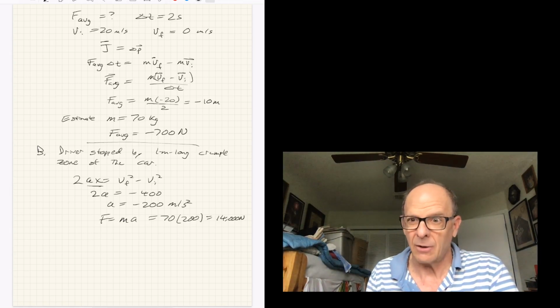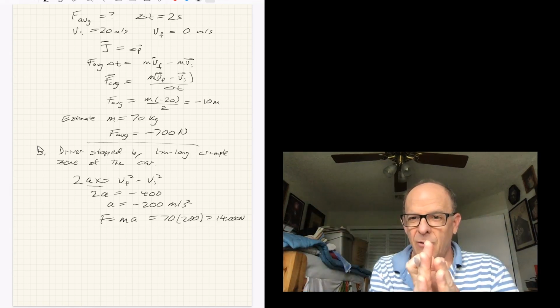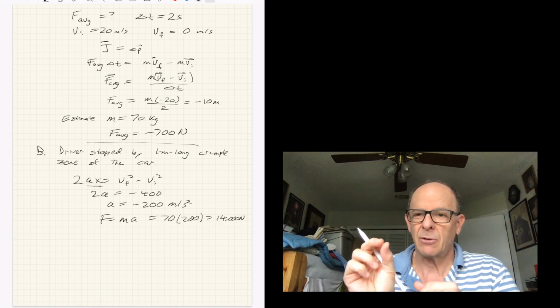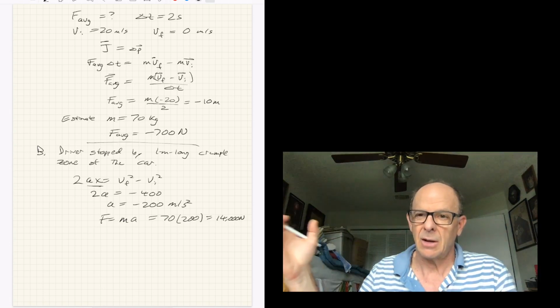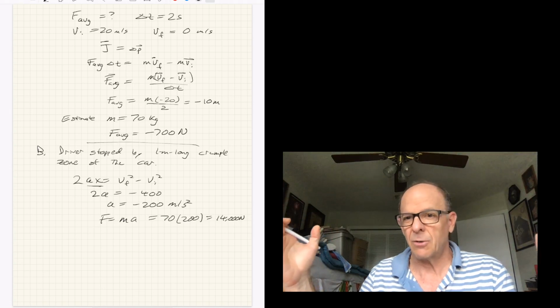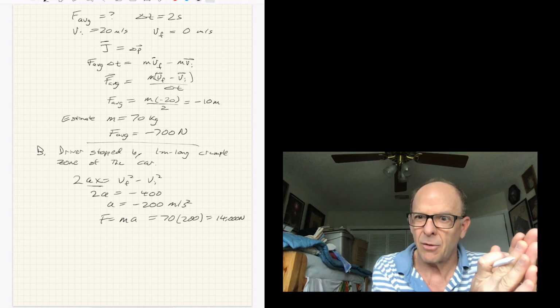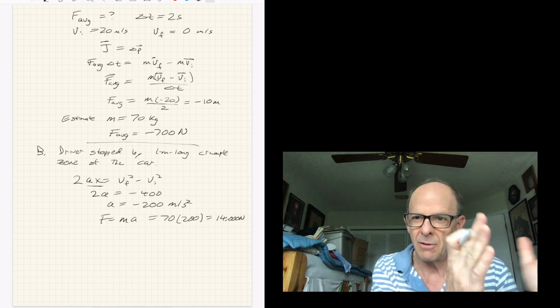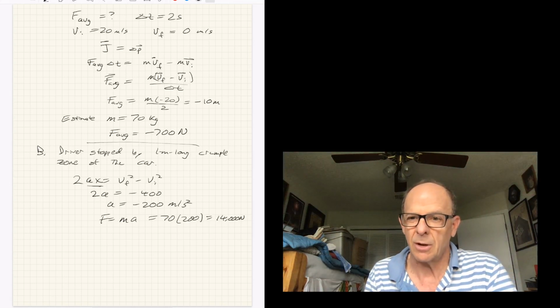That's why airbags are useful. They're a big balloon, and instead of hitting the dashboard, where the dashboard compresses by a couple of millimeters before you come to a stop, which breaks your bones, you have an airbag, which is 20 or 30 centimeters, and you've got 30 times the distance to come to a stop, which means the acceleration and the force acting on you is 1/30 as much.